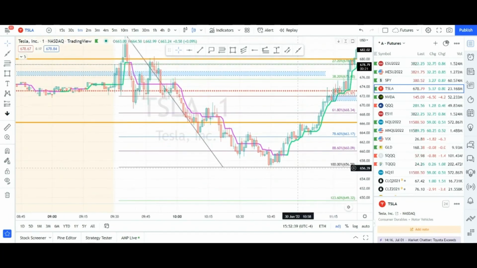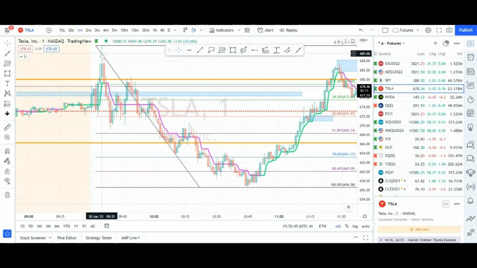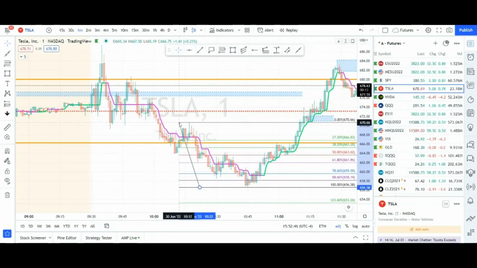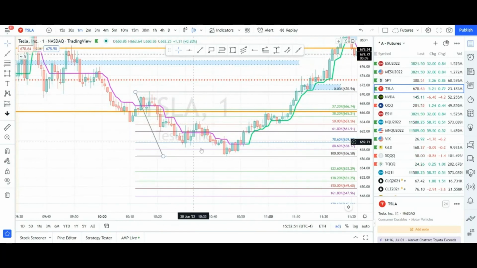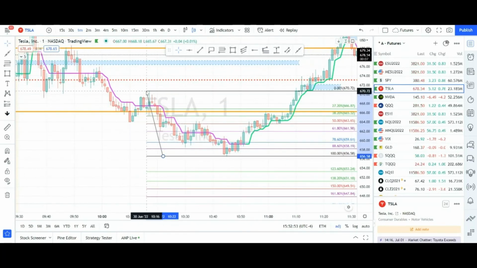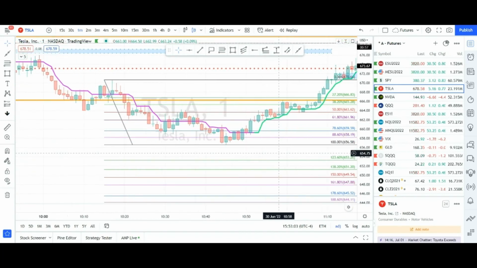Once it breaks the 88.6%, then I will go in the trade. So this was my previous high, and this was my previous low here. The price is shooting above the 88.6. Even though it closed below the 88.6, it doesn't matter.